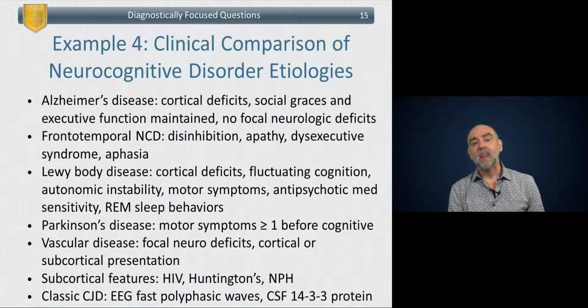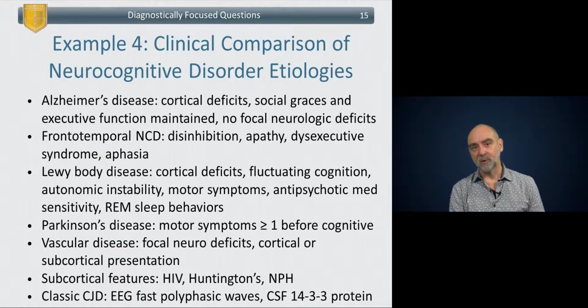And then that should be distinguished from neurocognitive disorder due to Parkinson's disease, where many of those same symptoms can occur, but the motor symptoms come first, at least a year before the cognitive symptoms. So it's sort of like neurocognitive symptoms occurring in well-established Parkinson's disease.